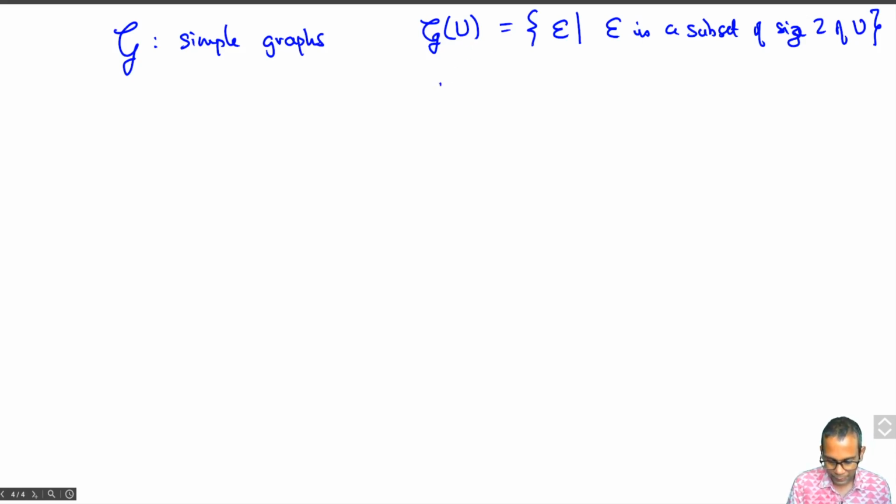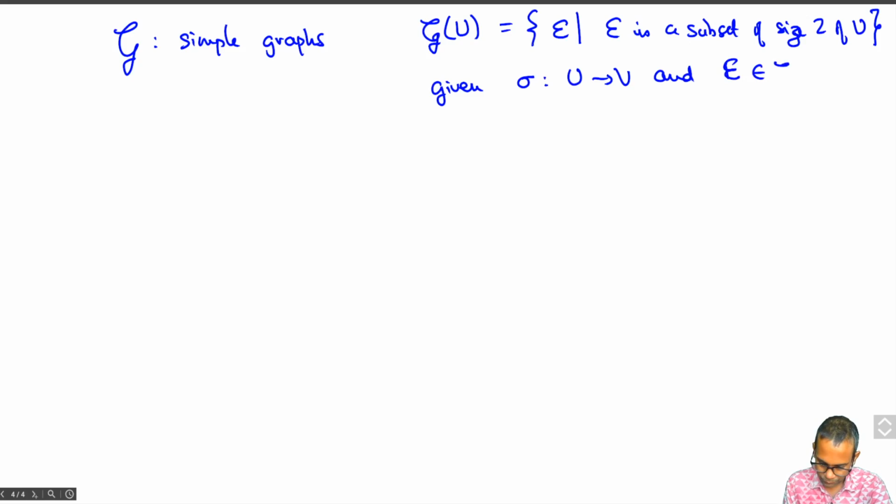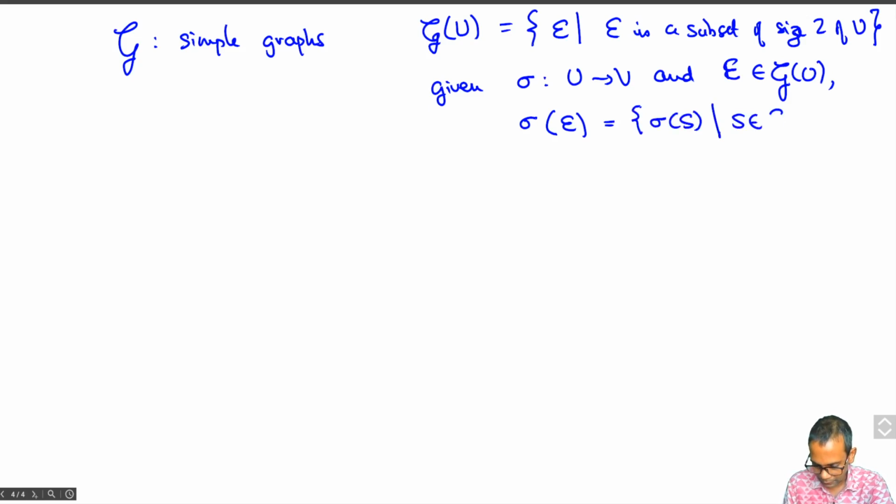And given sigma from U to V, and let's say a graph E belongs to G of U, we have sigma of E is just the set of sigma of S for S belonging to E. So each of the edges S, you replace it by its image under sigma, which is again going to be a subset of size 2 because sigma is a bijection.